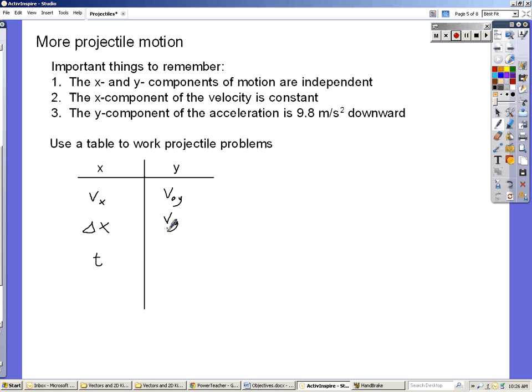The initial and final velocity, the delta y, meaning total up and down displacement, and then you've got t, and then you know that the y component of the acceleration is negative g. So you've got 6 different variables really, because t is the same for both of them. And then depending on what you know, you pick your equations and you solve the problem.